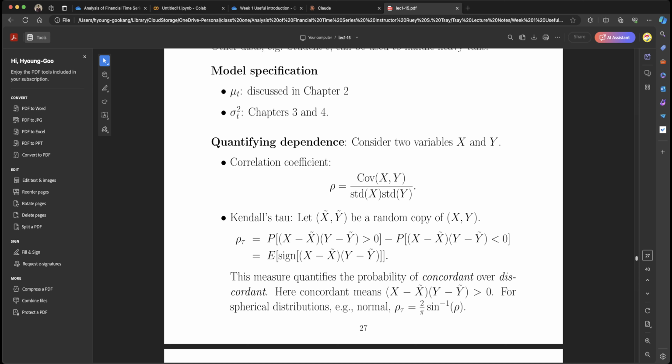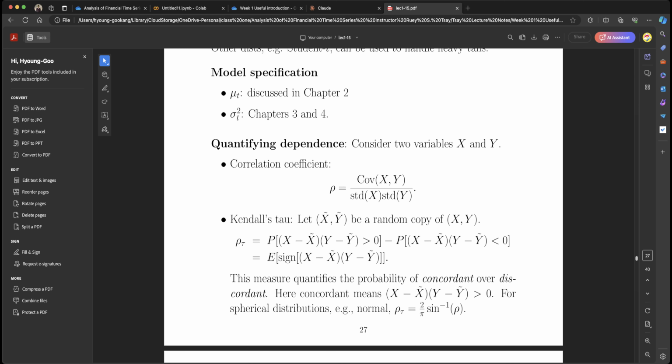This measure quantifies the probability of concordant over discordant. Concordant means they are both plus or both minus. Discordant means one plus and one minus. Here, concordance means that (x minus x tilde)(y minus y tilde) is greater than 0, so both positive or both negative.